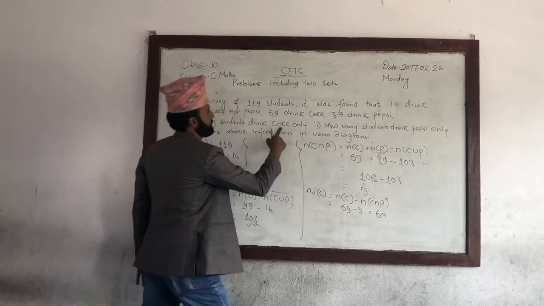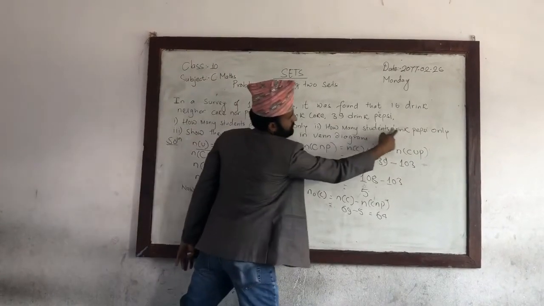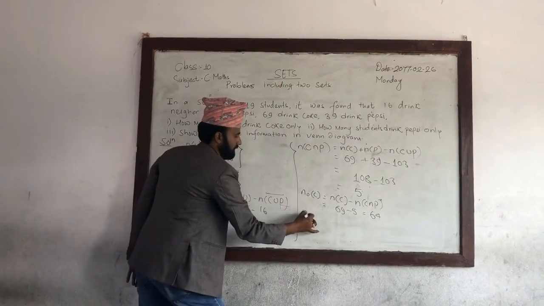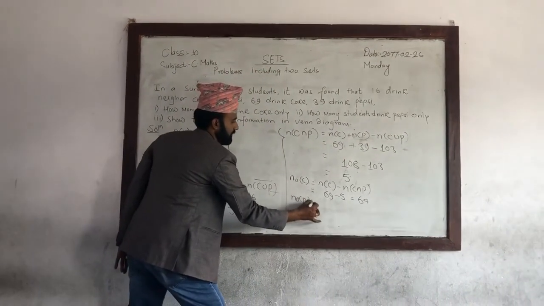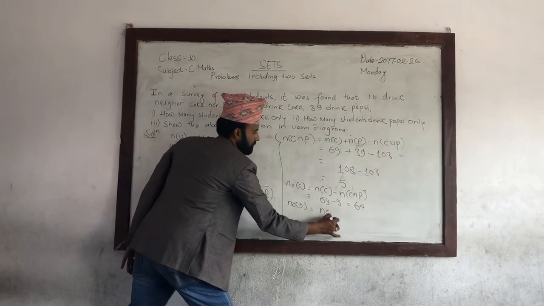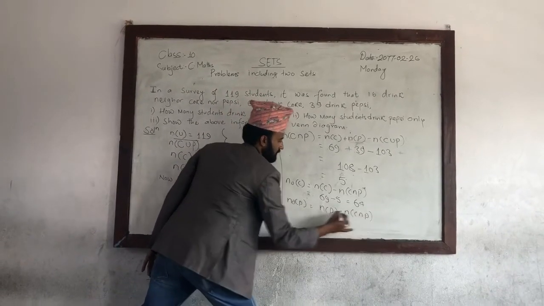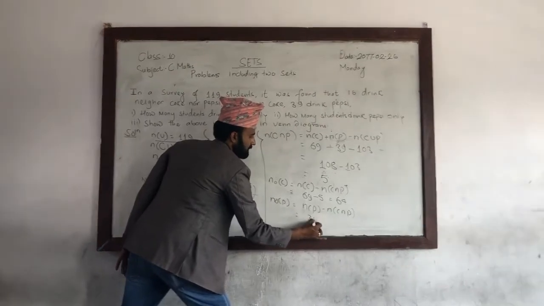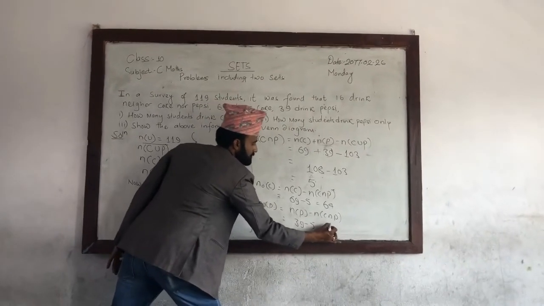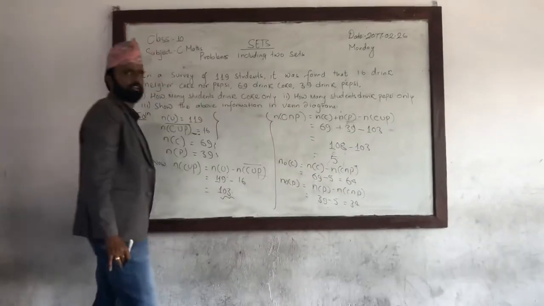Similarly, how many students drink Pepsi only? The number of students who like Pepsi only is equals to n of P minus n of C intersection P, which is 39 minus 5 equals 34. They like to drink only Pepsi.